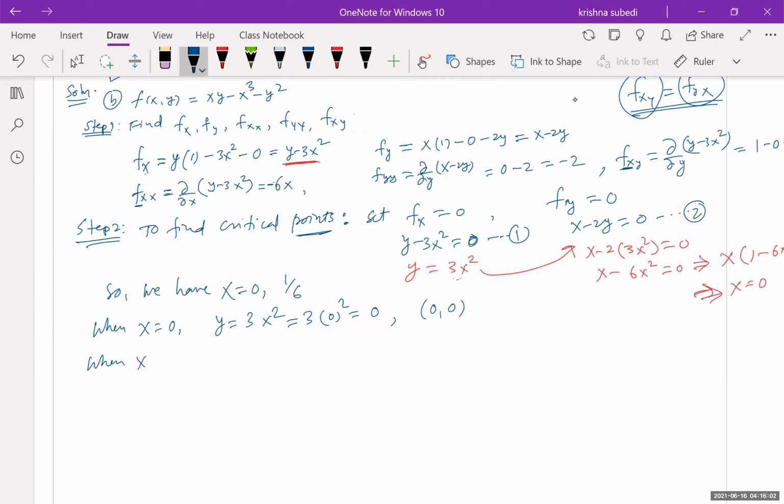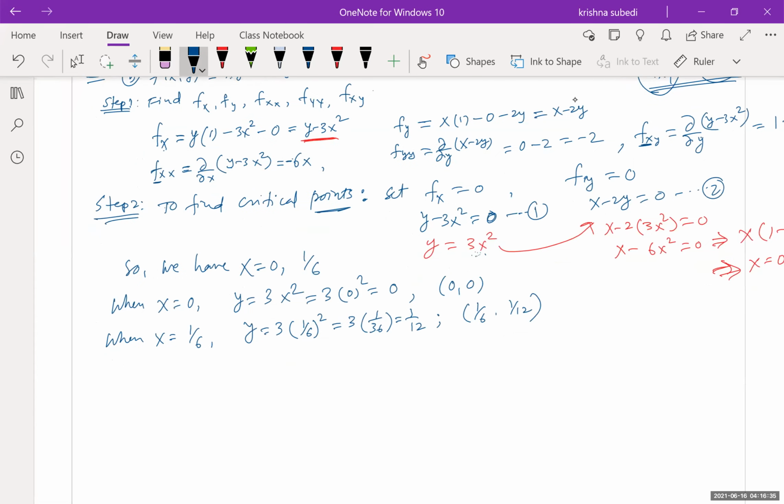And when x equals 1 over 6, you can substitute the value either in equation 1 or equation 2, whichever is easy for you. Y is 3 times (1 over 6) squared, which gives me 3 times 1 over 36, so that's going to give me 1 over 12. So another point is (1 over 6, 1 over 12).